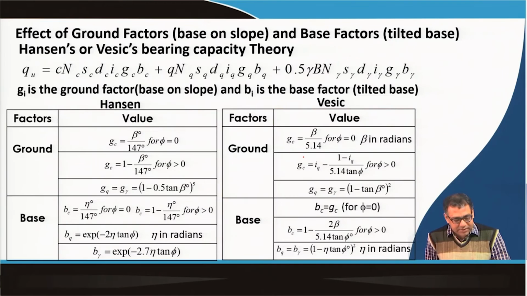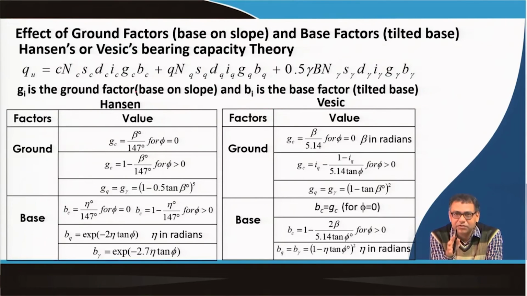So, G is the ground factor if the foundation is on a slope, and B is the base factor if it is a tilted base. These two factors are also introduced. In addition to that, if we have the properties, then we can introduce the Cc also.